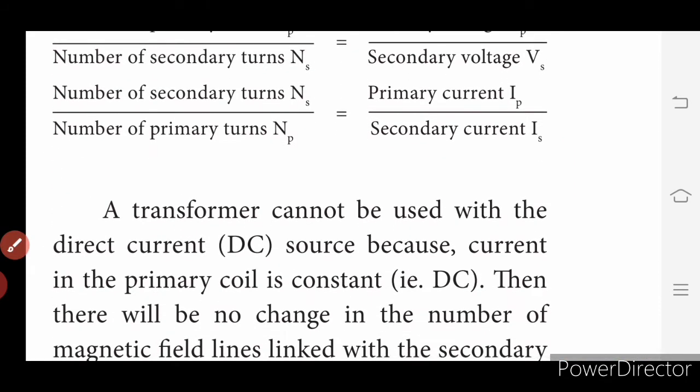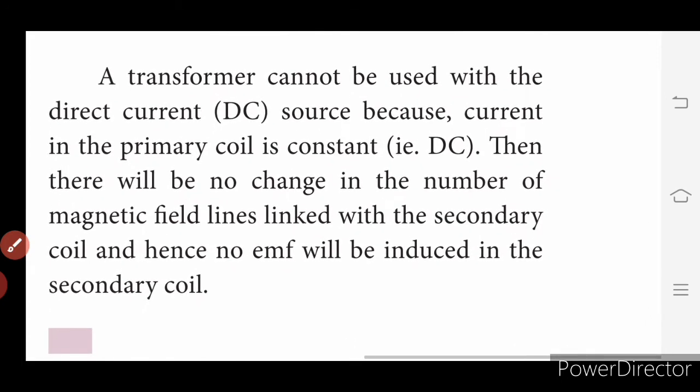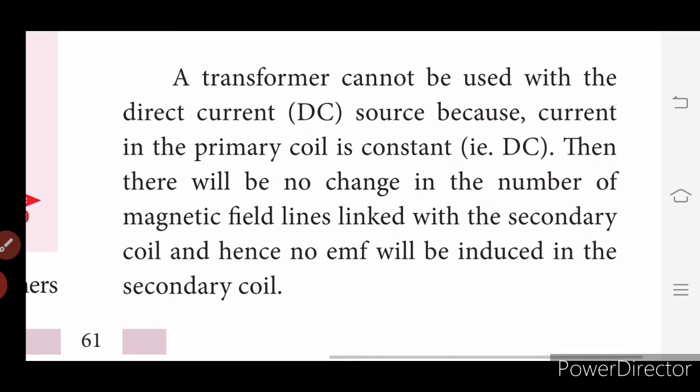A transformer cannot be used with a direct current source because the current in the primary coil is constant, that is DC. Then there will be no change in the number of magnetic field lines linked with the secondary coil, and hence no EMF will be induced in the secondary coil.